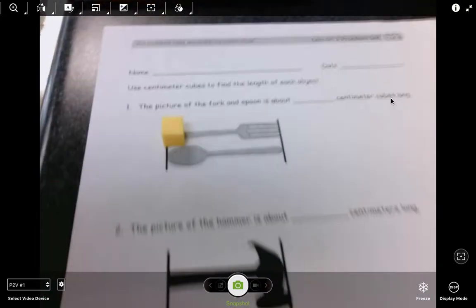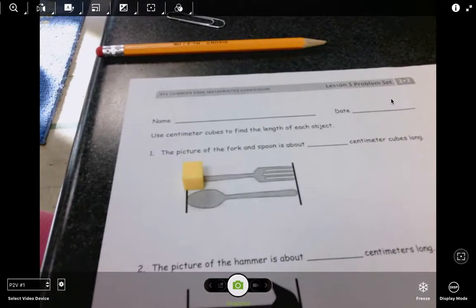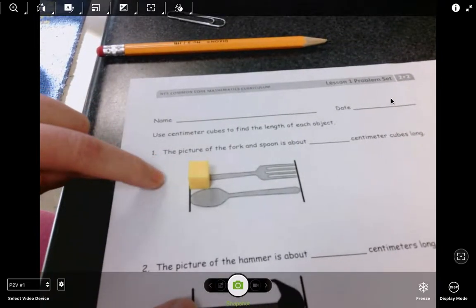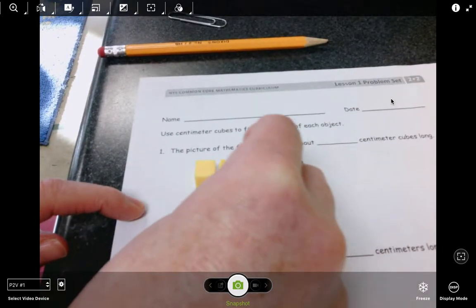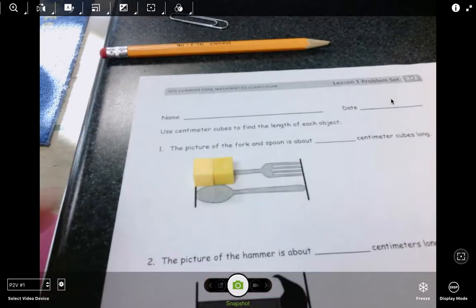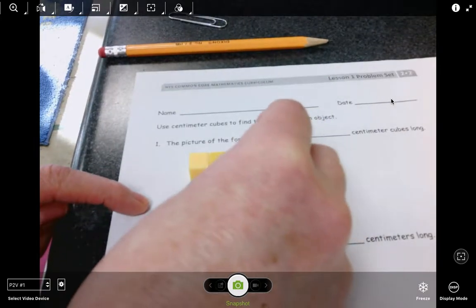Maybe I can give you a different view. So we line this up at the end. And they needed to make sure that their cubes were next to each other without any spaces.